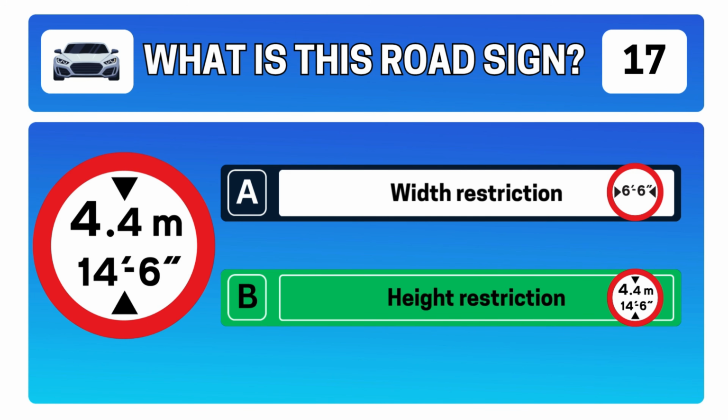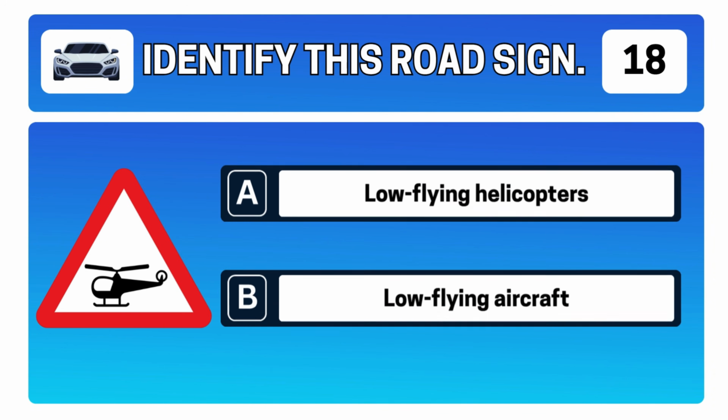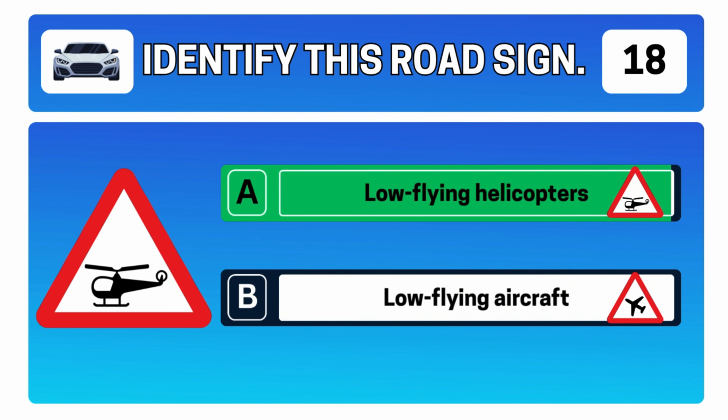Good observation. It is the height restriction sign. Identify this road sign. A. Low-flying helicopters. B. Low-flying aircraft. Well spotted. It is the low-flying helicopters sign.